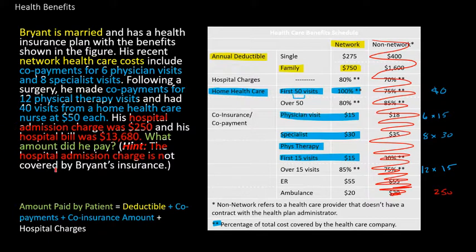Just because they mention this hospital bill doesn't mean he's paying 100% of it. We go and find hospital charges on our sheet, and we find that the insurance company is going to cover 80%, meaning he's going to cover 20%. So we're going to end up calculating 20% of $13,680.